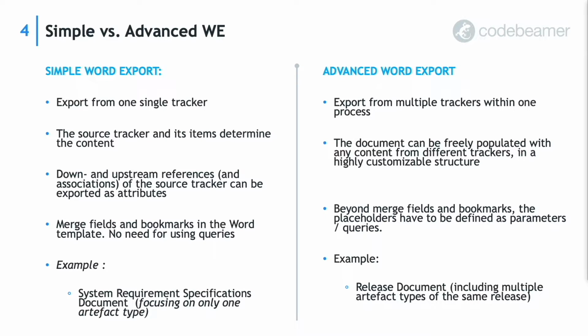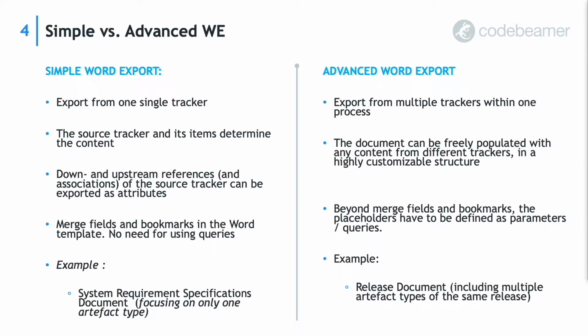Using merge fields and bookmarks in Word, we can easily build simple word export templates. There is no need for using queries. A good example for simple word export, if we want to export the current version of the system requirement specifications into one Word document.